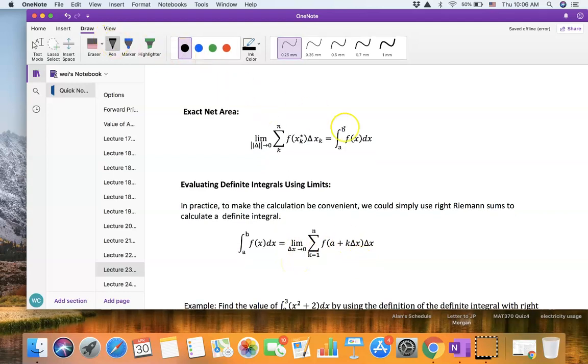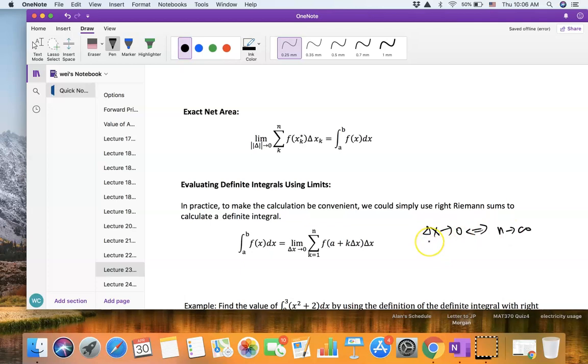And after we find out what this summation is, we take the limit, we let delta x approach 0. Now, when delta x approaches 0, this is the same as we let n approach infinity, right? Because the more rectangles we have, the shorter the length of the subinterval is.